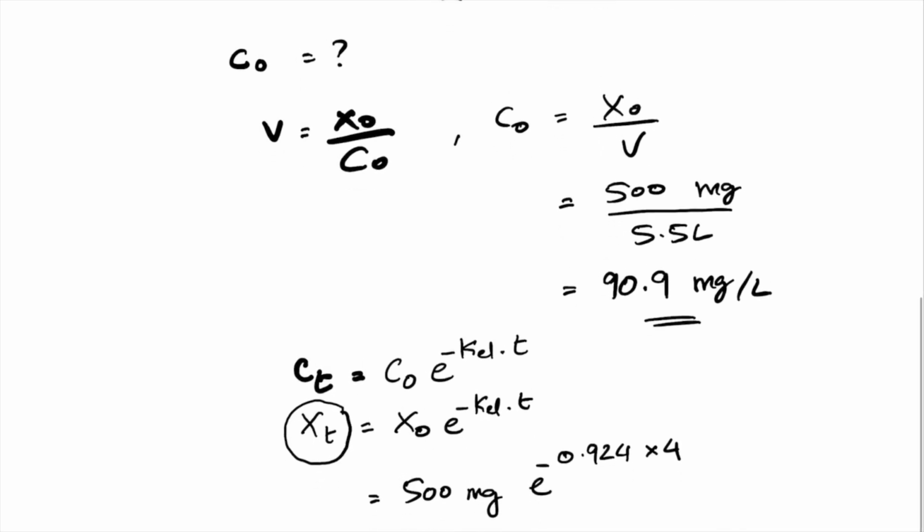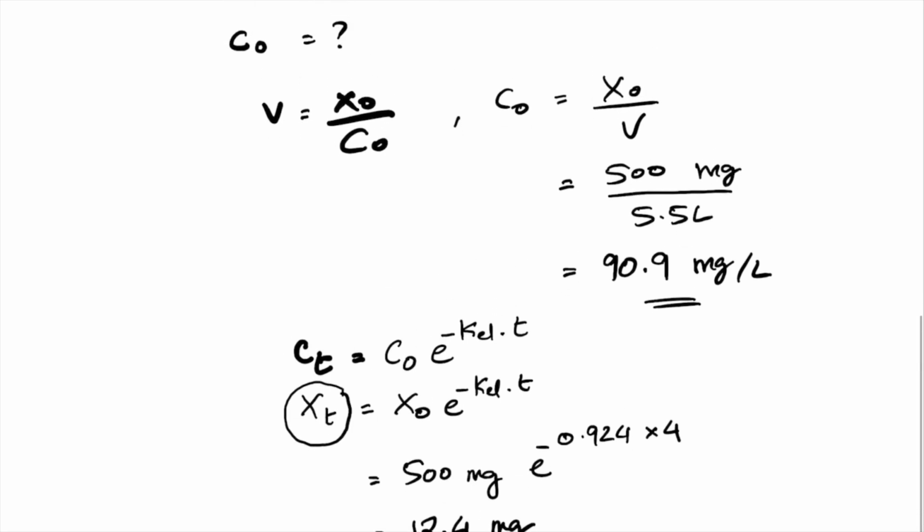So that's your t, and now you can use your calculator. It's 12.4 milligrams. Okay, so that's the amount of drug in the body 4 hours after the dose was given.